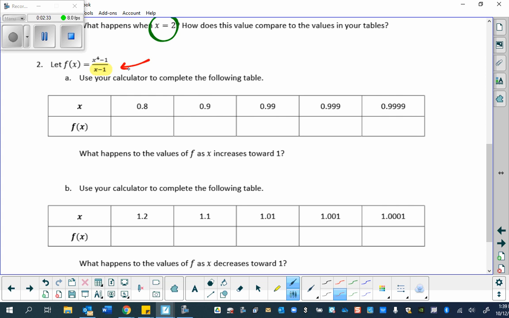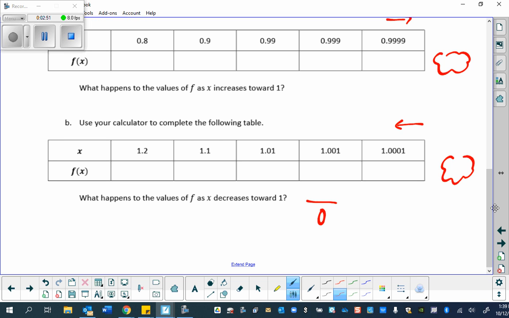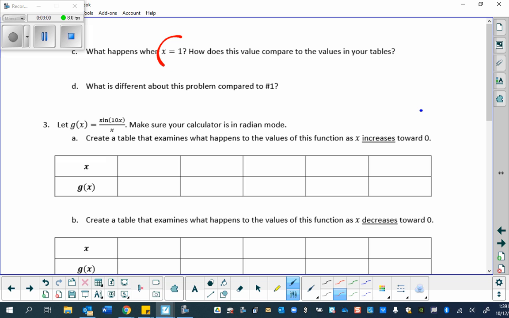If I have the value of 1 plugged in, I have a value that I'm approaching, whether I'm going from my left or from my right, I end up with that same value, except for here, I wind up with 0 in the denominator when I plug in the value, and we can't have that. So that first value here, when we plugged 1 in, and we remember we're not allowed to have 0 in the denominator, we want to make sure we know that that is a no.